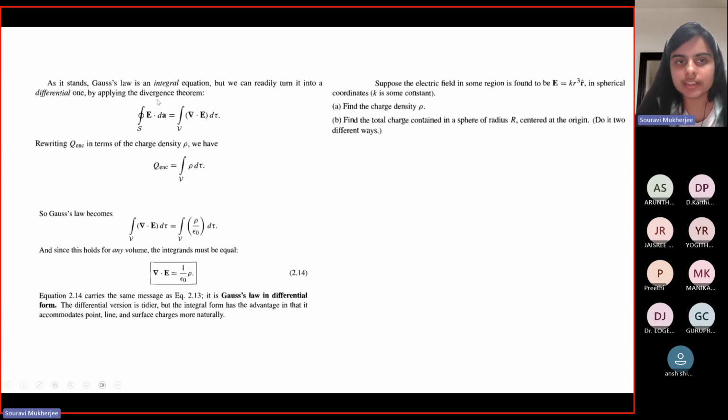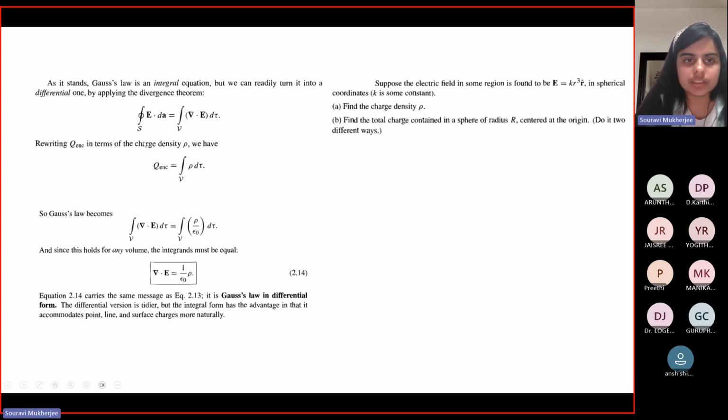So what you do for that is you use the divergence theorem, which relates closed surface integrals with volume integrals. If you have some vector E, and a surface integral over a closed surface, it's important that it is closed, you can write it as a volume integral of the divergence of the vector over the volume that is enclosed by this surface.